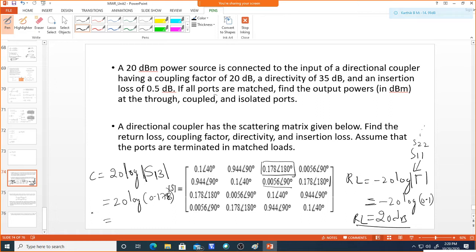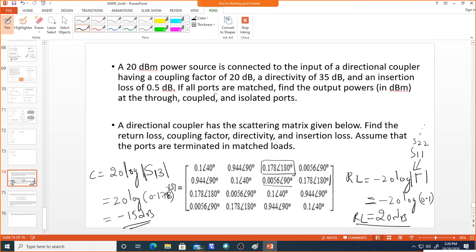Okay, it is around minus 15 dB. Actually it is minus 20 log of this, so if you take the minus, it becomes plus 15 dB. The equation has a minus here, so it needs to be corrected. So the coupling factor is this much.